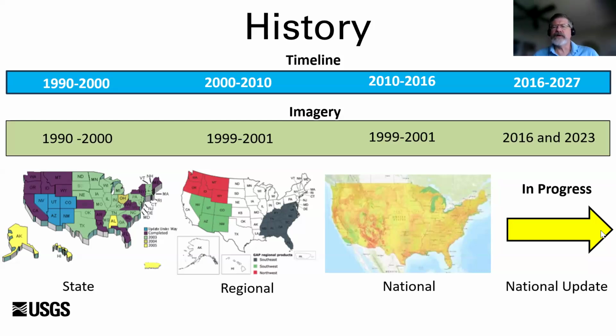So now we're looking at imagery from 2016 and 2023, and we're going to duplicate our efforts, but it'll be updated based on this new data set, so it'll be more current. Our current data products are a little dated. They're back to around 2000, so we need to do some updating.